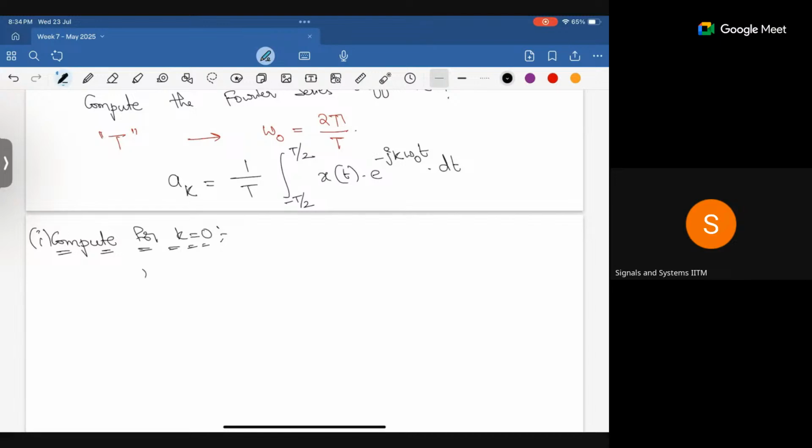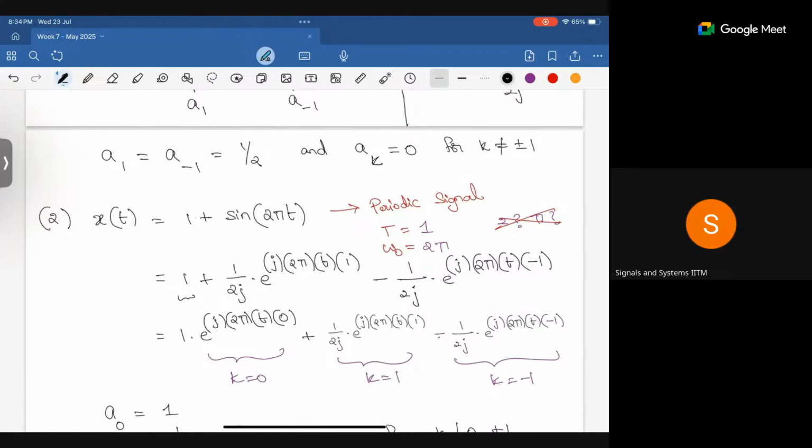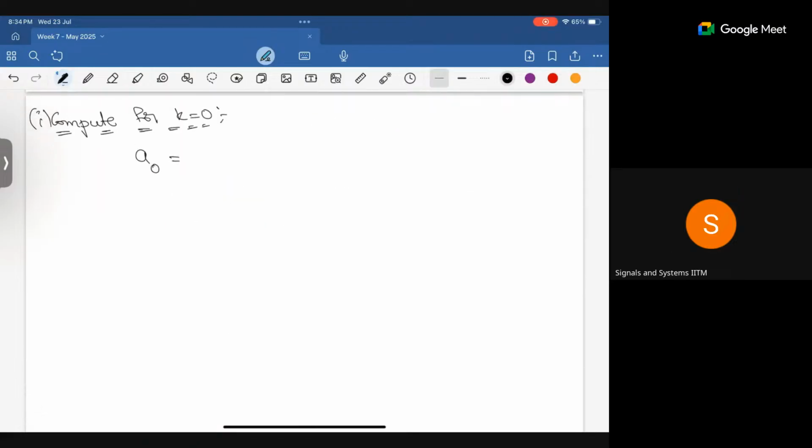So if k equals 0, we are going after a0. And a0, remember, is just the DC value of the signal. If there is any constant value, that corresponds to a0. It is also the average value over a period.